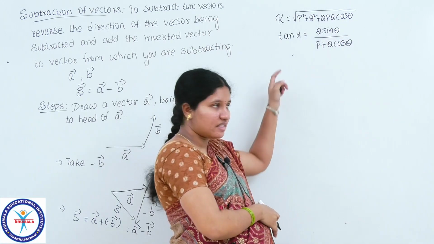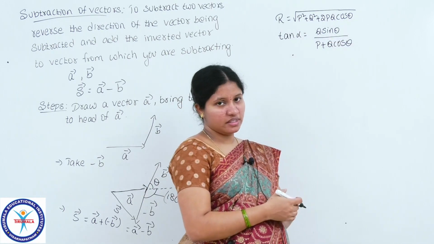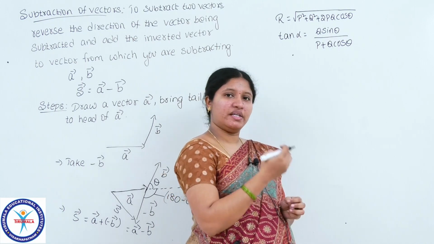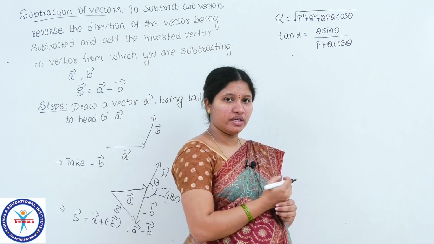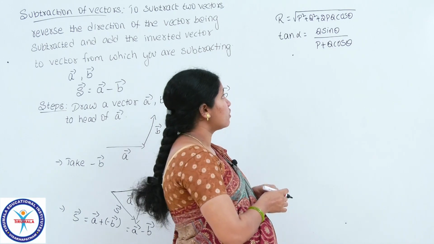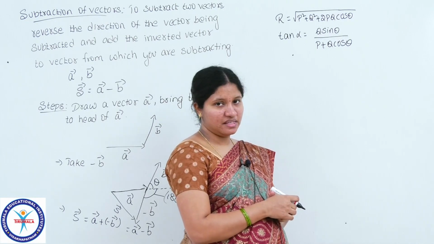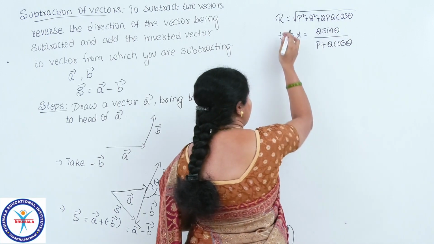So, here we are considering these formulae when the angle between two vectors is theta. But in the case of subtraction of vectors, as we are taking the reverse direction of one vector and adding it vectorially to another vector, the angle between the two vectors becomes 180 minus theta. So, in place of theta, substitute 180 minus theta.